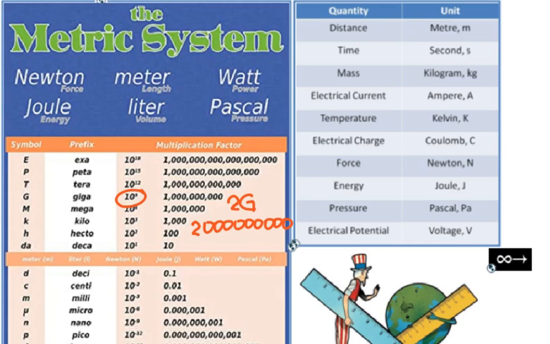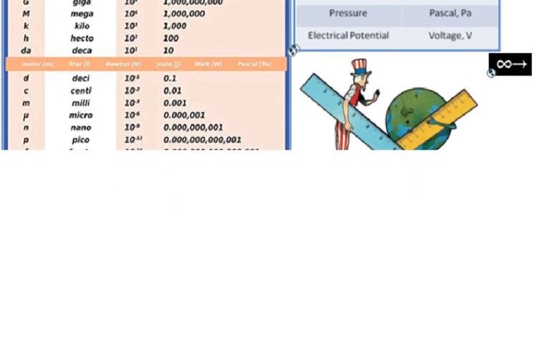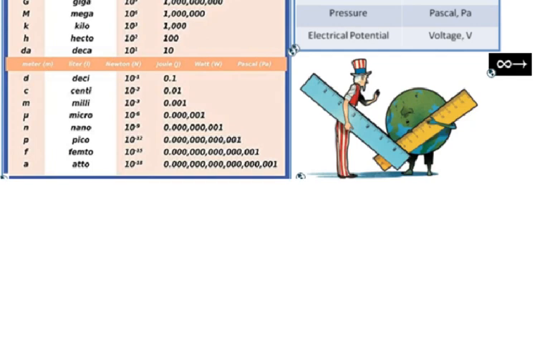And this is for larger numbers. If you have smaller numbers, you would use prefixes that convert into smaller numbers. So let's say if I have 0.2 of something, then I could write 2 deci.